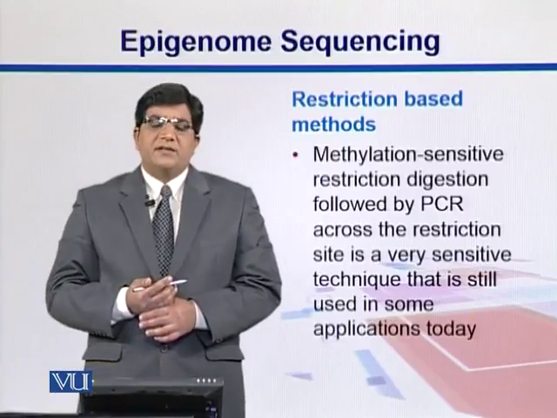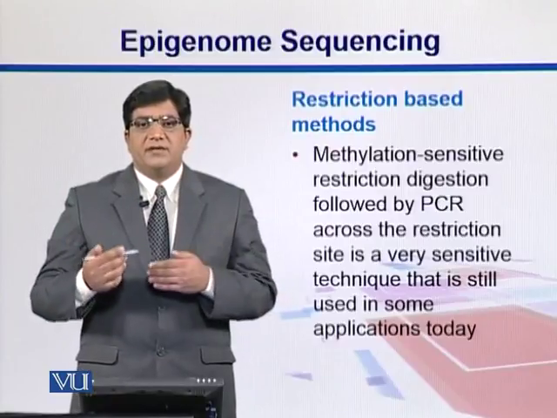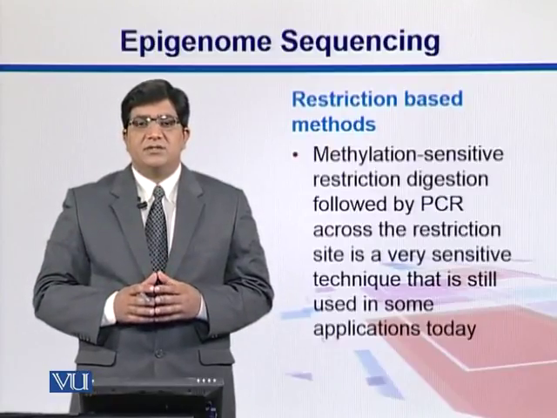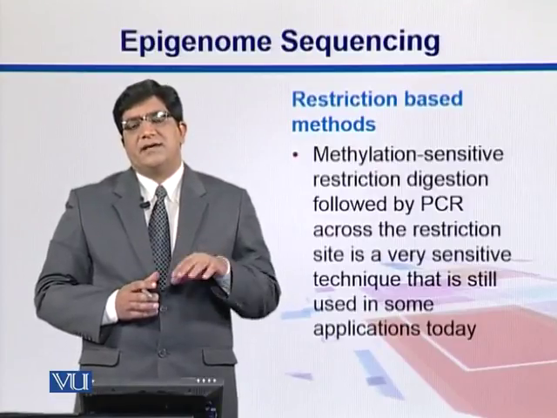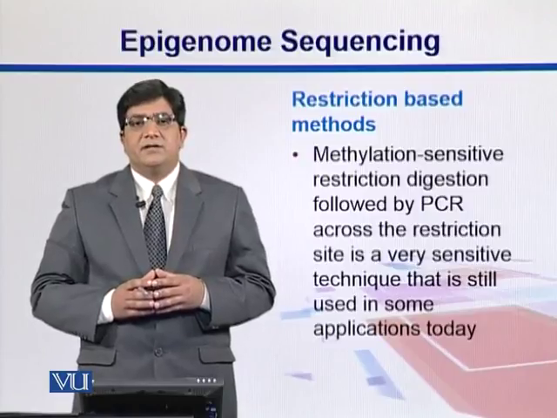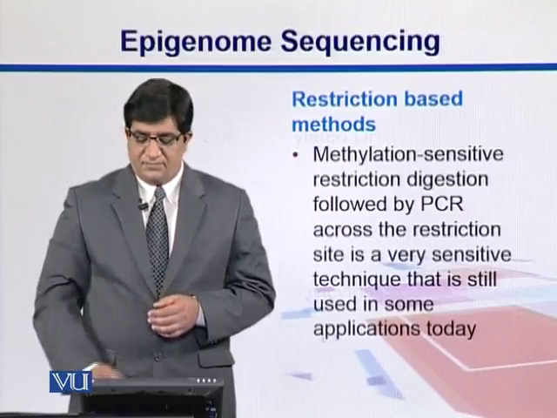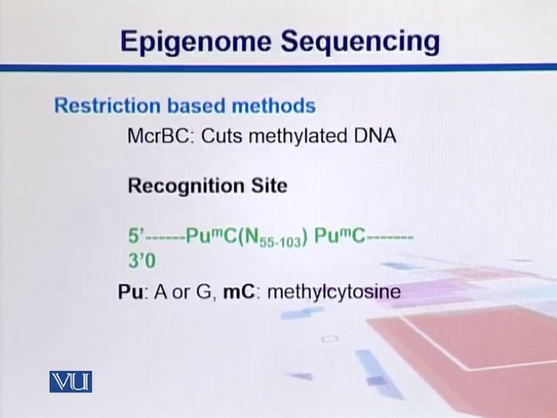In restriction based methods, we use restriction enzymes. Those are the enzymes which cleave DNA at specific places. These enzymes cleave the DNA where we have methylated nucleotides. Here we see one enzyme, McrBC, that cuts methylated DNA, and here is the segment which it recognizes. It has a purine, then a cytosine which is methylated, and in between there are 55 to 103 nucleotides, and again we see this same pattern.